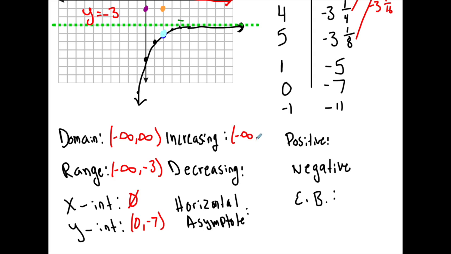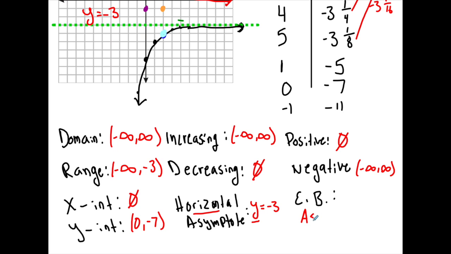Remember, either increasing or decreasing will be everything. So it's decreasing nowhere. Its horizontal asymptote, you need the full equation, y equals negative 3. Horizontal, you should associate with y equals. Where is it positive? It's never positive. I know that because it starts negative and it never goes above negative 3. And it's negative everywhere on its domain.